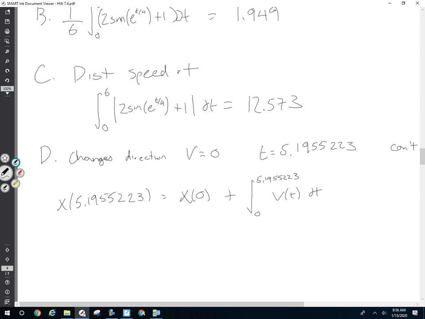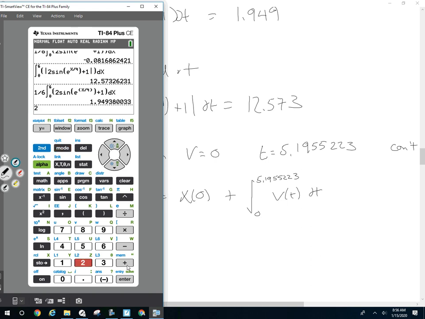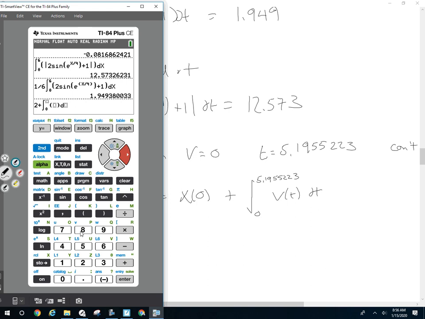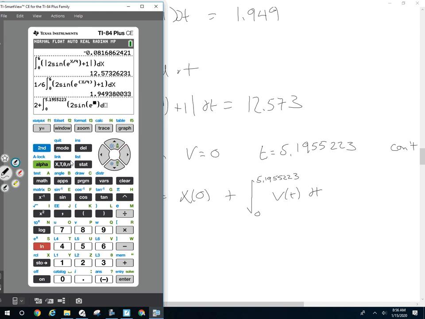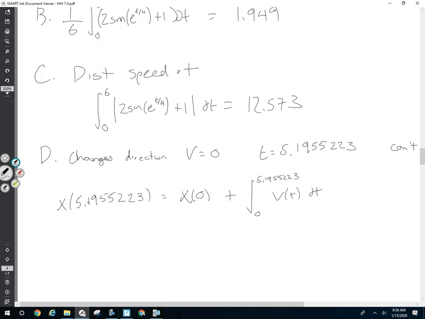So we need to do this calculation. 2 plus integral from 0 to 5.1955223 of velocity, 2 sine(e^(x/4)) plus 1, close parentheses, plus 1. And this is my position at this time, 14.134.